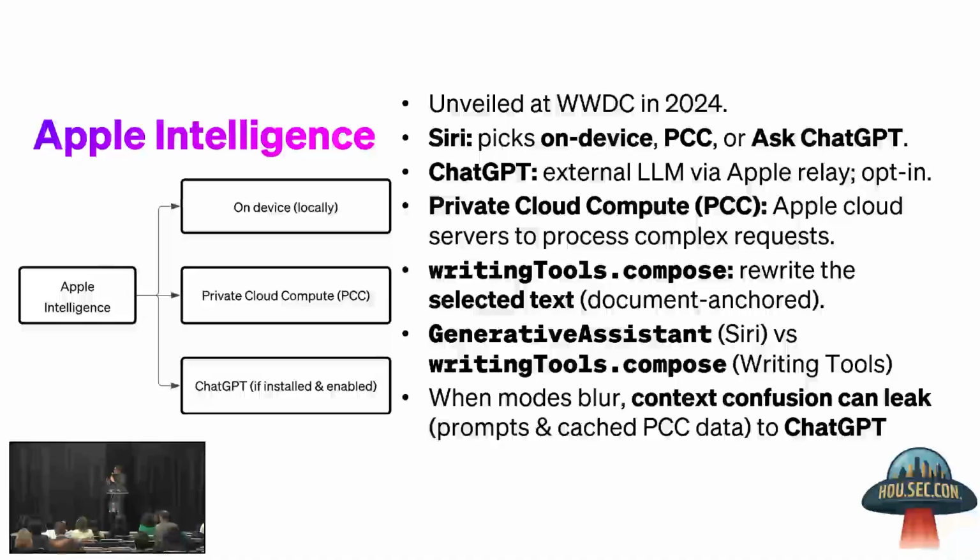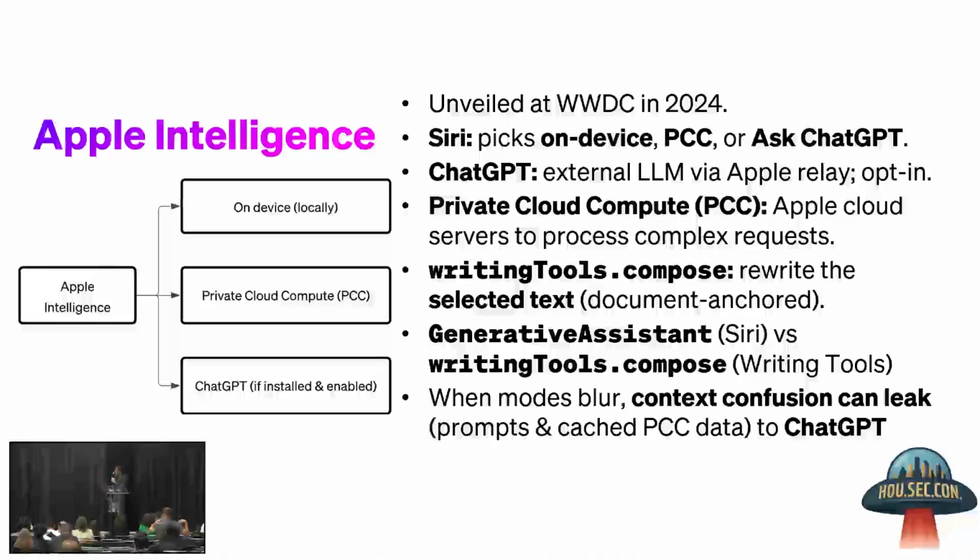Normally, if it's not a super demanding task that can be handled locally on your phone, it will just be processed on your device. If it's something that requires more computation power, like summarizing your emails, that would be sent over to Apple's Private Cloud Compute, and then it'll be processed there in the cloud, and the answer will be sent back to your device.